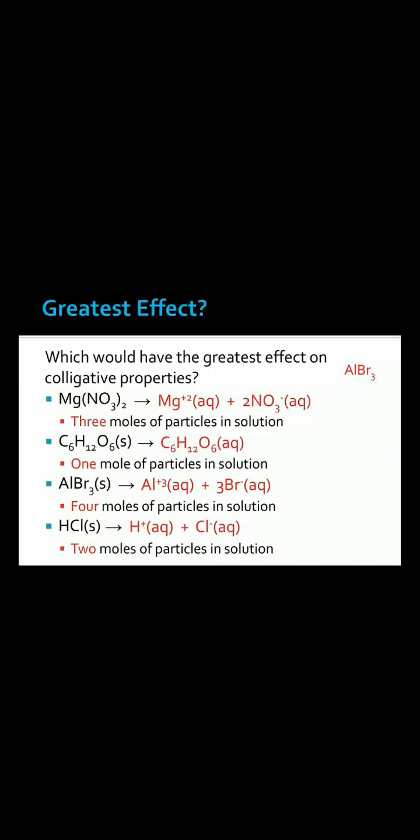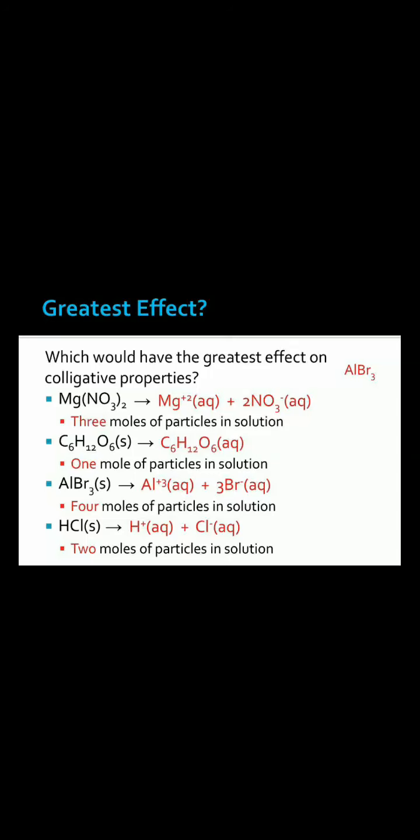Let us see a specific example of how the number of ions or particles matters for colligative properties. Four solutes, each 1 mole, are dissolved in a specific amount of water, forming aqueous solutions: magnesium nitrate, glucose, aluminum tribromide and HCl.